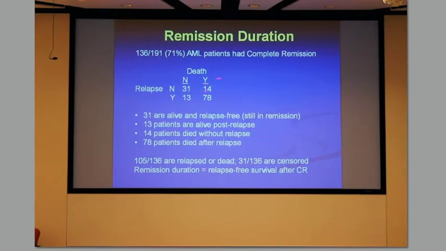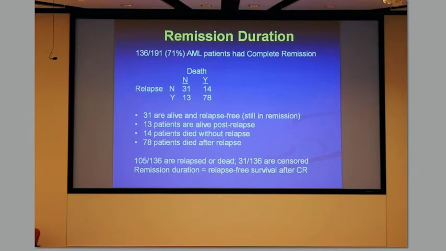So they might have died from therapy, or they might have died from getting hit by a bus. But they didn't die necessarily from the cancer relapsing. Maybe there are other issues that could arise from that. There are 13 patients that have relapsed but haven't yet died, and the bulk of the patients have died after their relapse. So the idea here is that 31 patients can be considered censored with respect to remission duration.